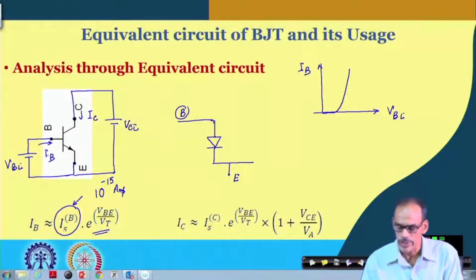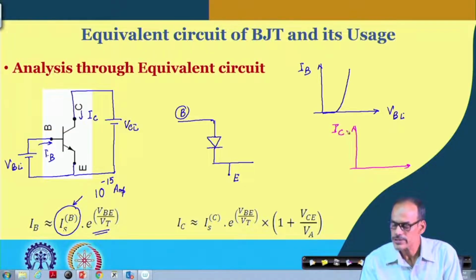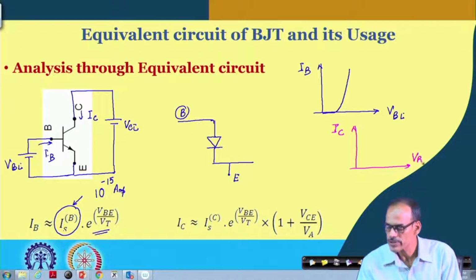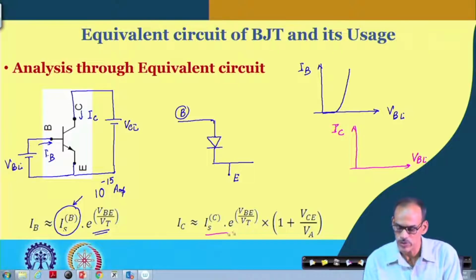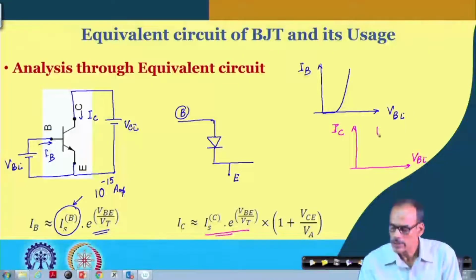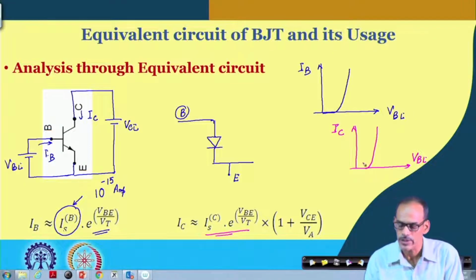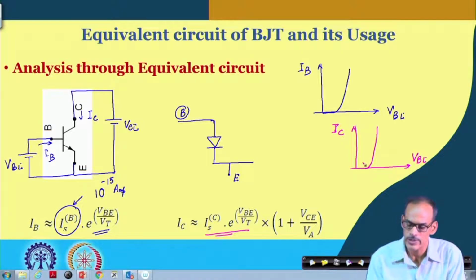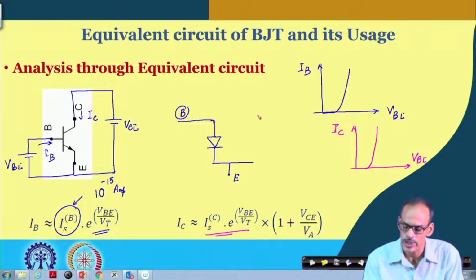Now, this base to emitter port is relatively simple, but how about the other port, the collector to emitter port, where IC is a strong function of VBE, and it has exponential dependency. Of course, this is a trans relationship, so directly we cannot put a diode.